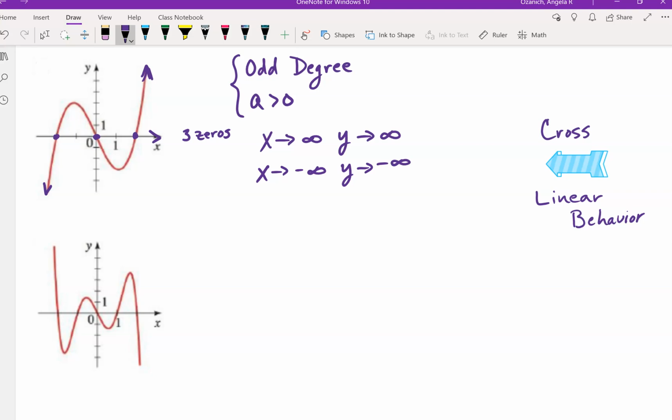So this is your end behavior for your graph of an odd degree polynomial with a positive leading coefficient. There you go.